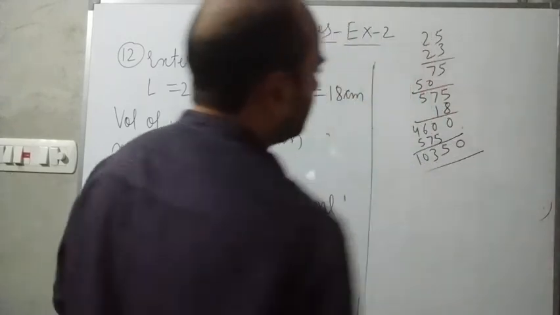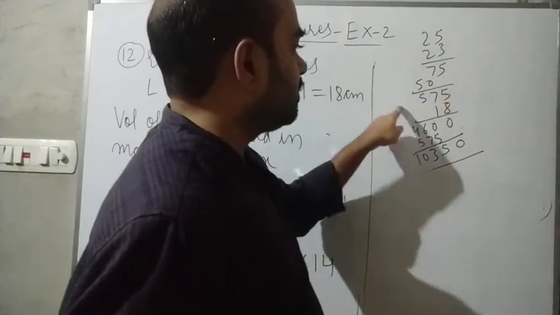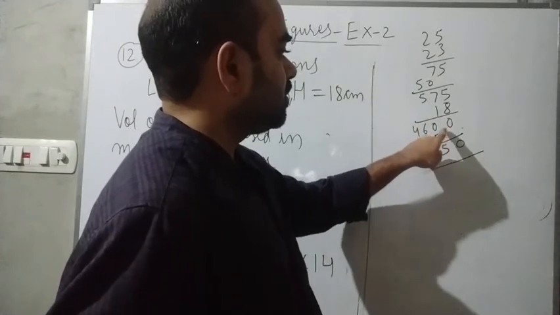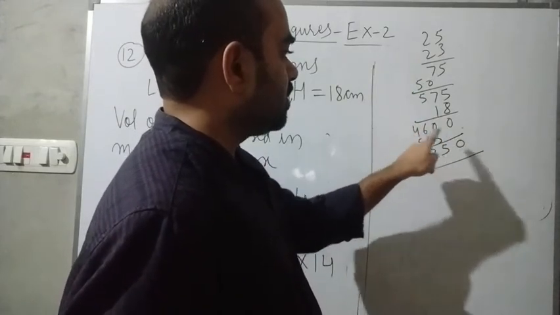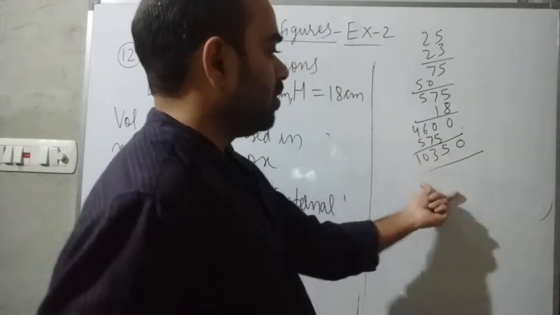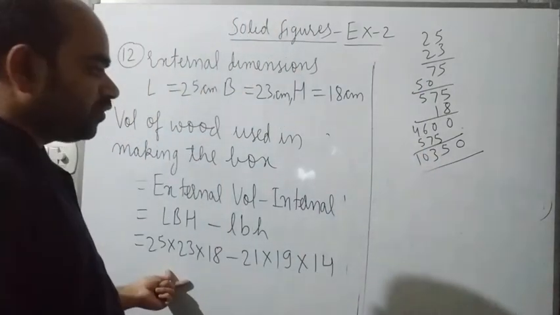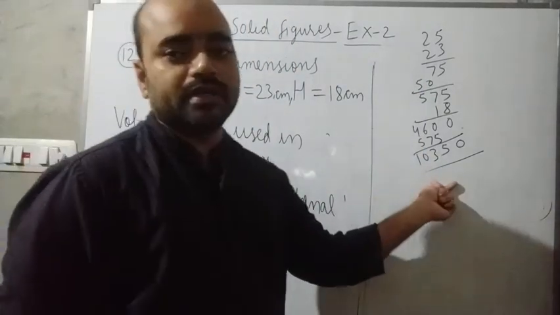This will come. Okay, so the external volume is 10,350.